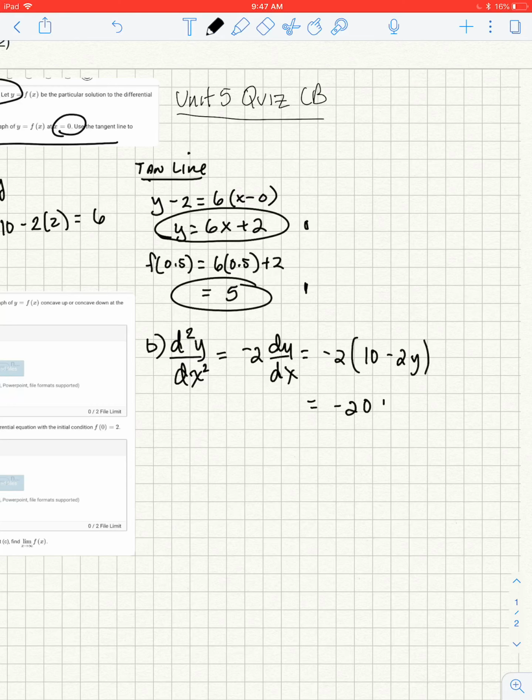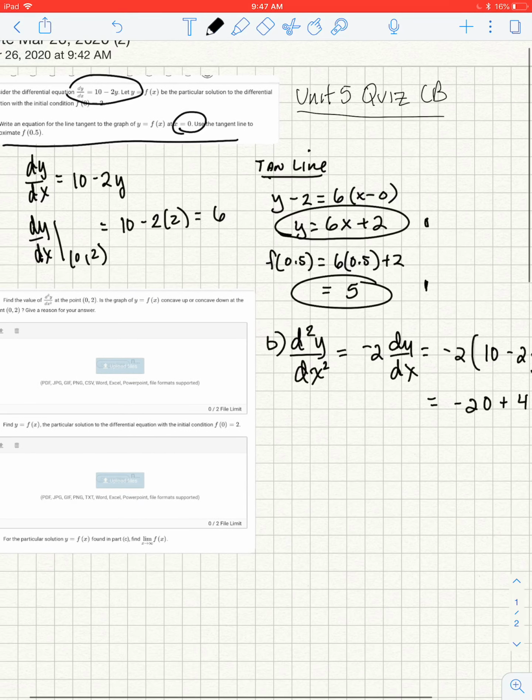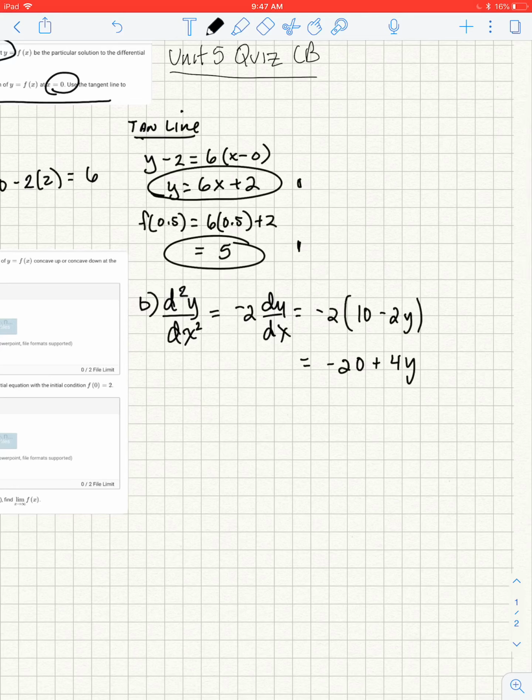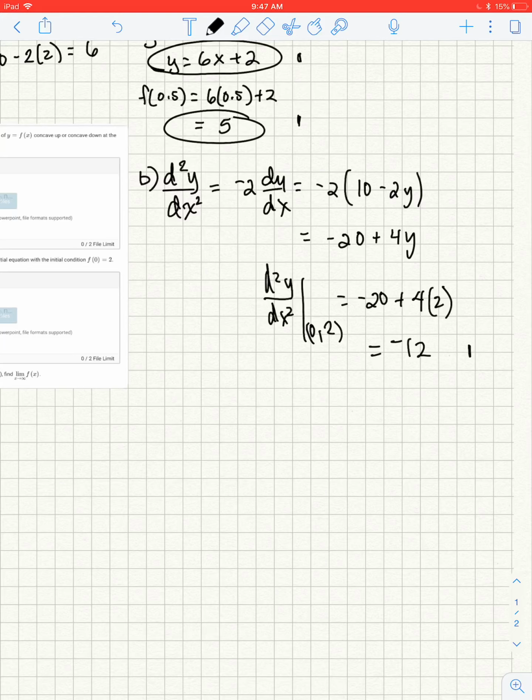So that gives us -20 plus 4y. And they want to get the second derivative at the same point, (0, 2), so I'm going to plug in (0, 2). So -20 plus 4 times 2, and that's going to give me -12. So that would give you 1 point as well.